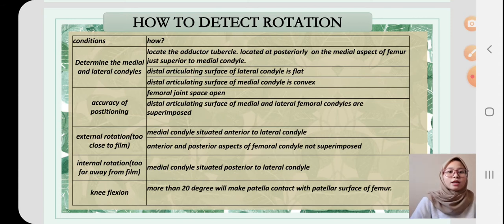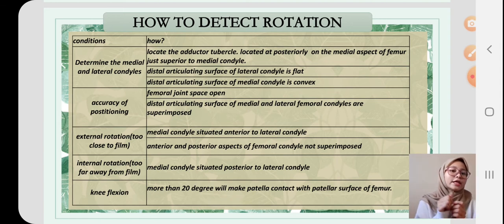For the external rotation, which is too close to the film, the medial condyle will be situated anterior to the lateral condyle. The anterior and posterior aspects of the femoral condyles are not superimposed with each other.